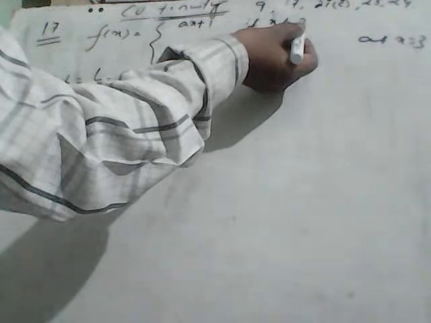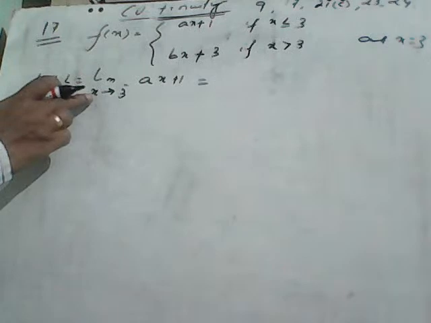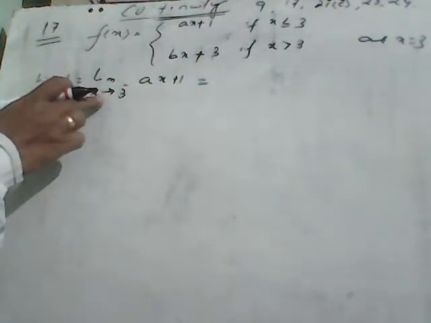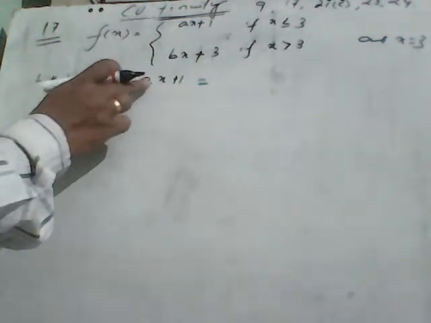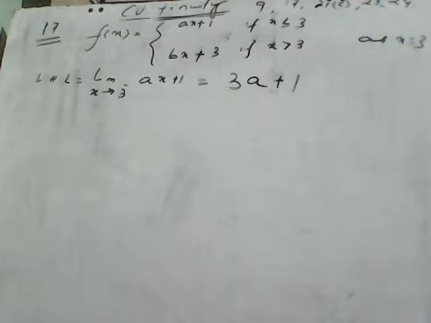If x is less than 3, f(x) is ax plus 1. So you write here ax plus 1. Now put 3 at x, then the result is 3a plus 1. This is the value of the left hand limit.